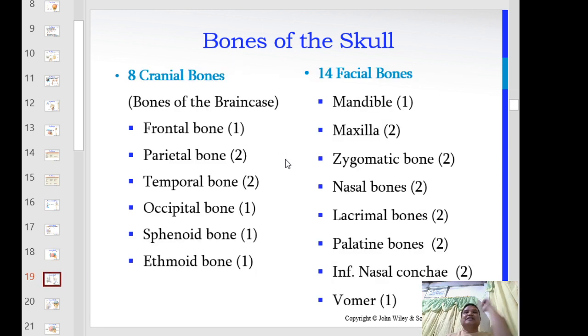So here we have the numbers. We have 8 cranial bones and 14 facial bones. The cranial bones number 8 in total. We have one frontal, one occipital, two parietal, two temporal.